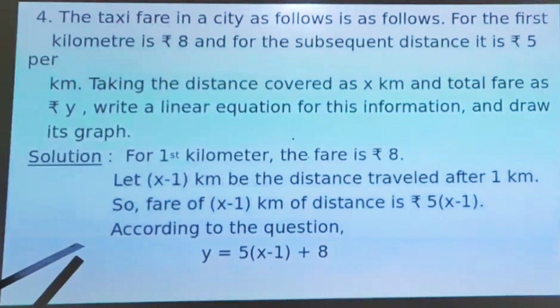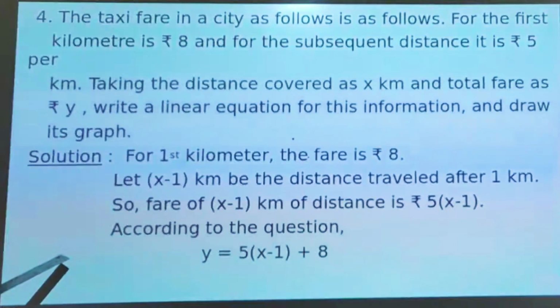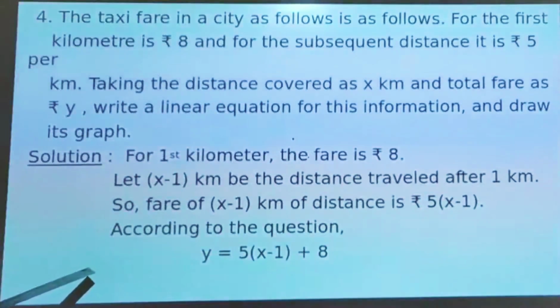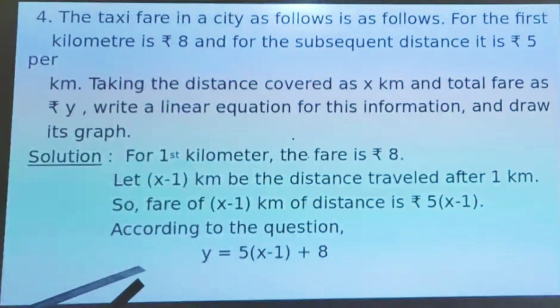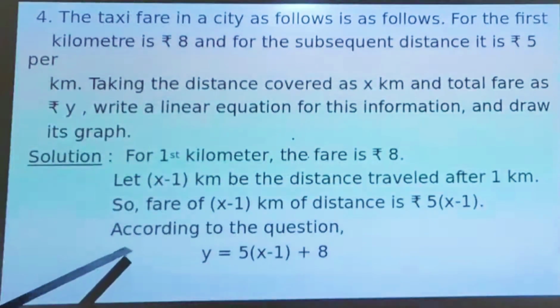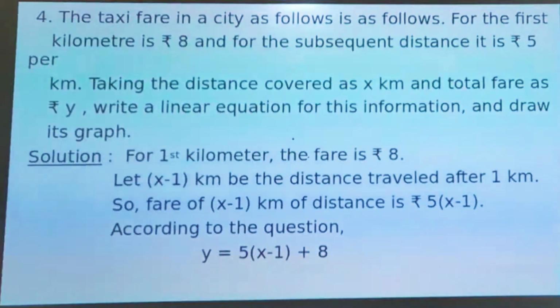Now, according to the question, we can see that total fare is what? y. So we write y equal to 5 into (x minus 1) plus 8, because the first kilometer is rupees 8, so we will take that 8 with the remaining charge of the fare, that is 5 into (x minus 1).